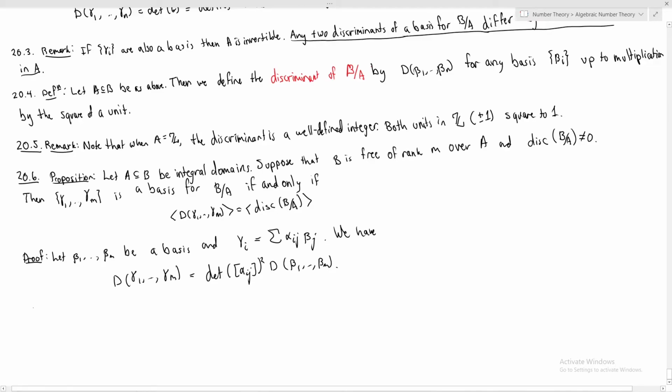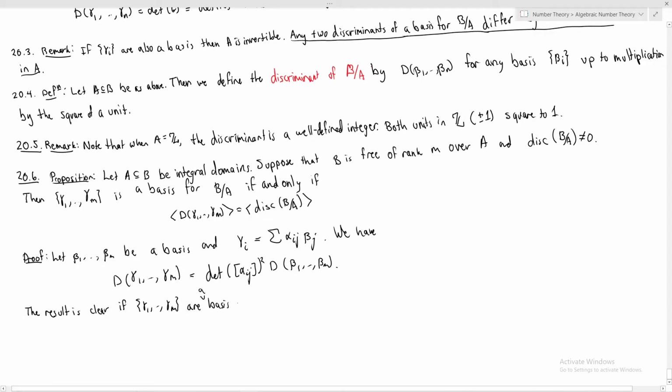So first let's consider what happens when these guys are a basis. I guess really the result is clear in that case. It's clear if gamma 1 through gamma m are a basis, almost by definition. I guess really this boils down to the remark I was making earlier.